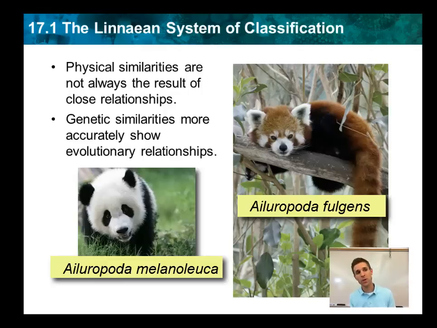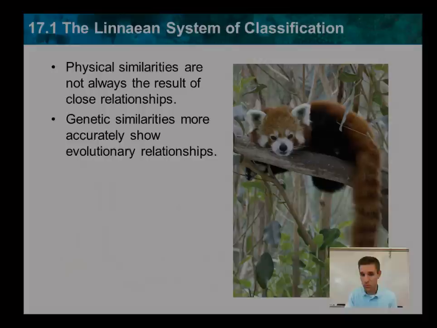But it turns out that giant pandas are more closely related to bears, and red pandas are more closely related to raccoons. So they're actually not very closely related to each other at all, aside from both being mammals. So even though we call them both pandas, they can be classified into two distinct groups, the giant panda being classified with bears, and the red panda being classified with the raccoon group.